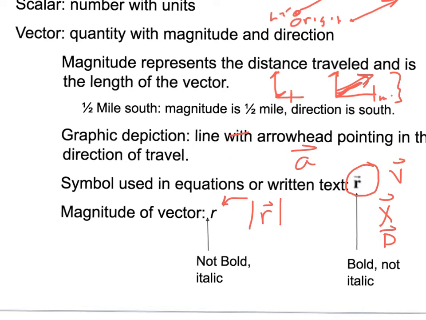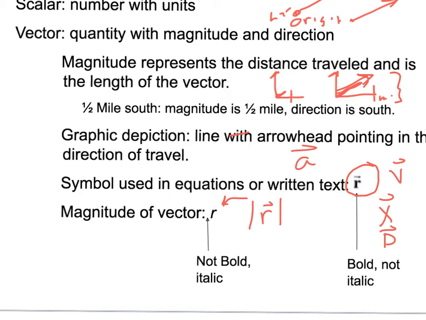So the letter with the arrowhead is the vector, and the letter without the arrowhead is its magnitude. When you're reading printed text, it's real easy to distinguish them because one is bold and the other's not. But when you're writing them, it's hard to make a bold letter versus an italicized letter. They're really difficult to do by hand.